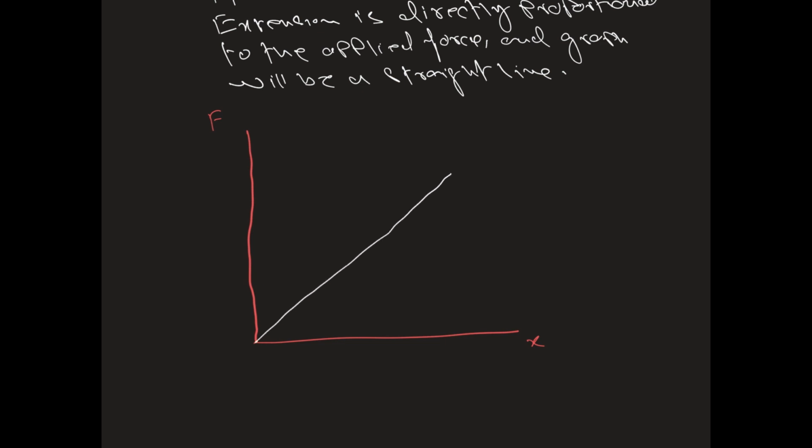And how long will it be a straight line? As soon as the limit of proportionality exceeds. Now in this case, extension is towards the x-axis, so the bending of the graph will be towards the x-axis. So this will be the limit of proportionality.